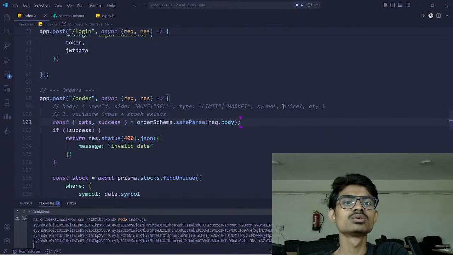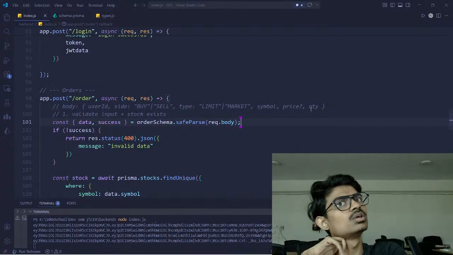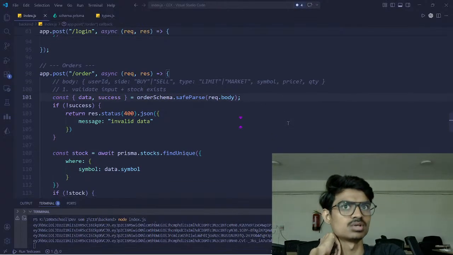If we're giving total price, does it make sense? I'm giving quantity, then the price would be per stock, right?